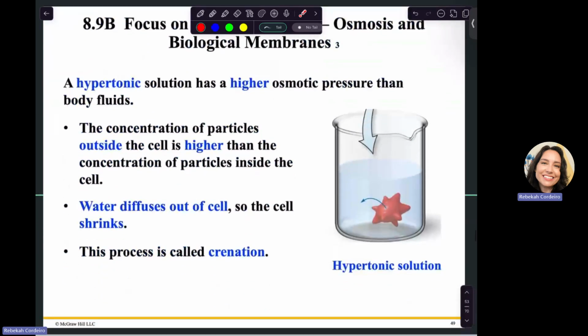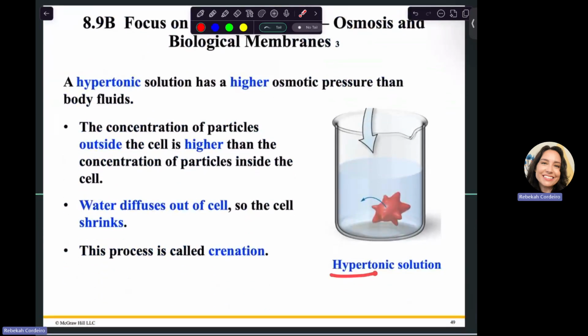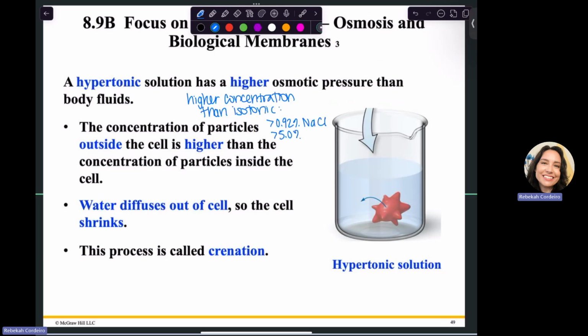Opposite of that is a hypertonic solution. So hyper meaning more. So hypertonic has higher concentration, higher concentration than isotonic. So this would mean greater than 0.92% sodium chloride and greater than 5% glucose.